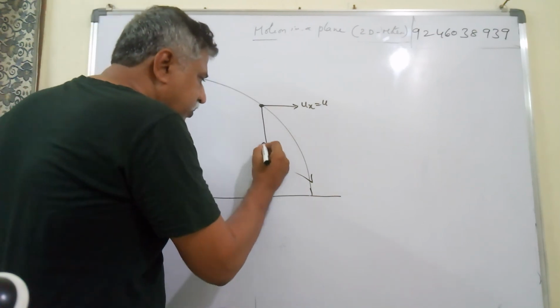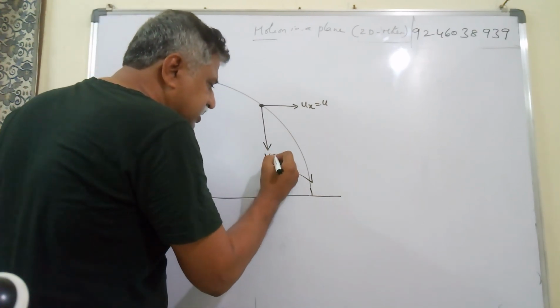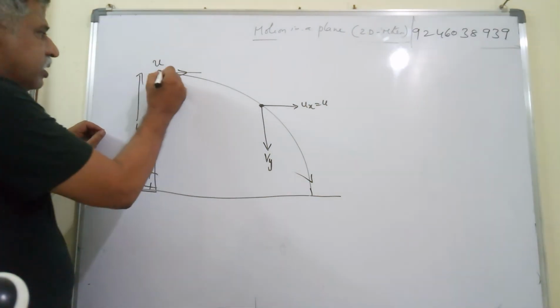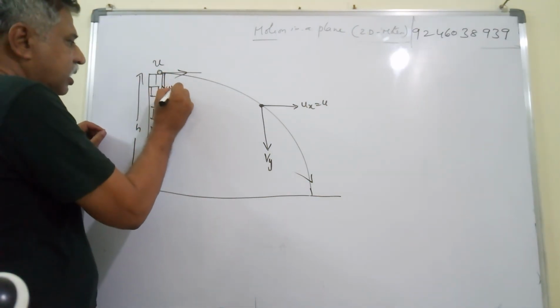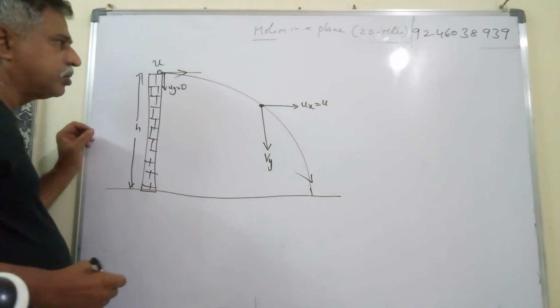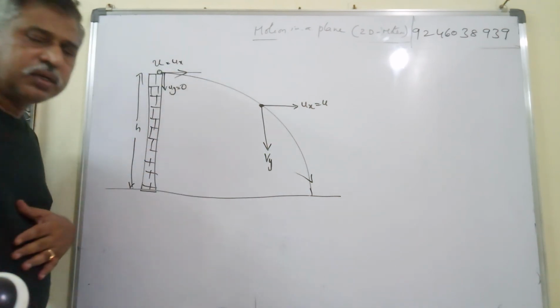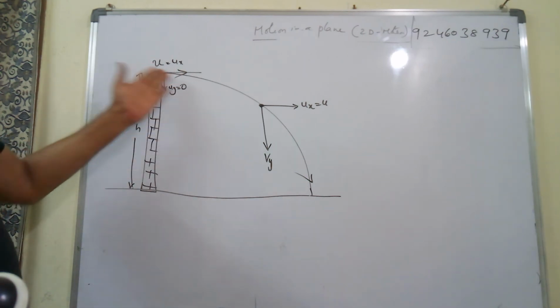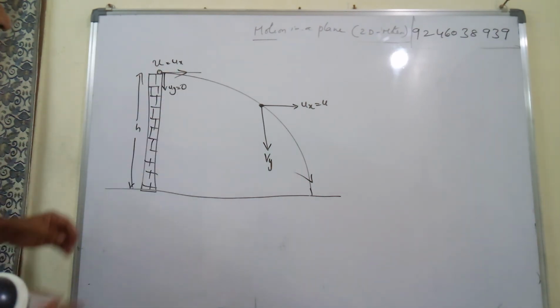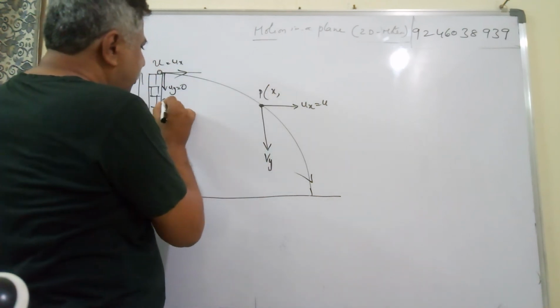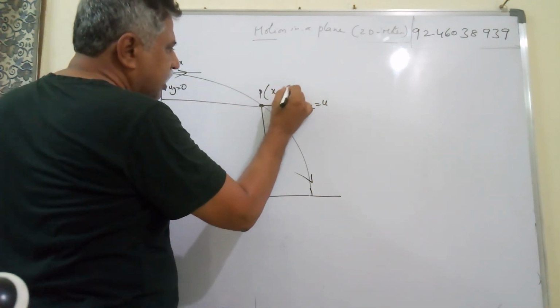But the vertical component gradually increases. Initially, the vertical downward component is 0, but ux is u initially.